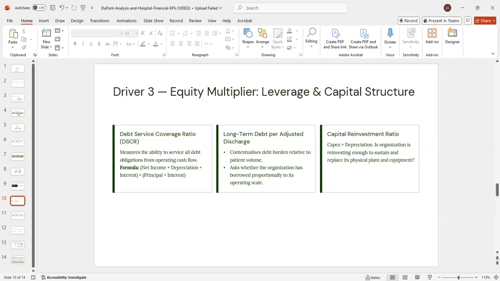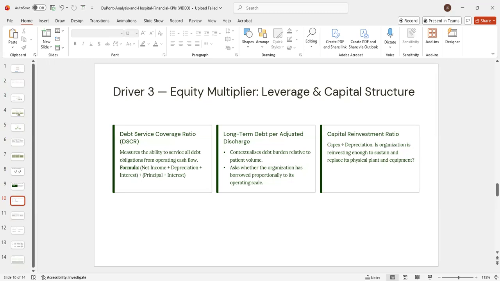So a healthy level would be 1 or above, but if you were to see capital reinvestment ratios that fall below 1, let's say 0.8, that is to say, for every dollar loss of value in the asset, we are replacing only 80 cents worth of value. And let's say you sustain that for a few years, what that will signal is that you're now building up a significant backlog of needed capital investment.